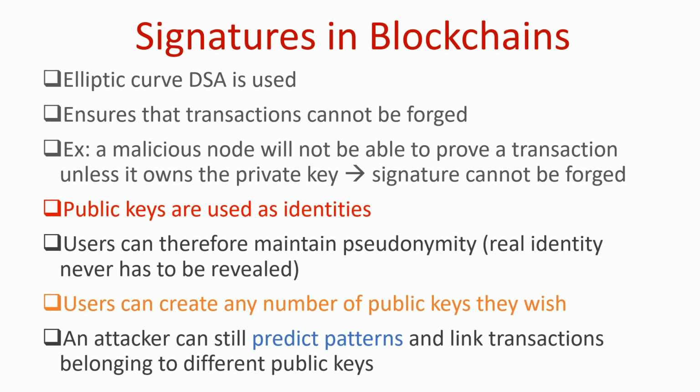If you do certain types of transactions, someone can infer your identity from that. And that's especially because the blockchain is public. Everyone can see all the transactions. If the transactions are indexed by a public key, they don't know your identity, but they can still see all the transactions, and a machine learning algorithm, for example, can figure out the patterns in these transactions. So the public key only maintains pseudonymity.